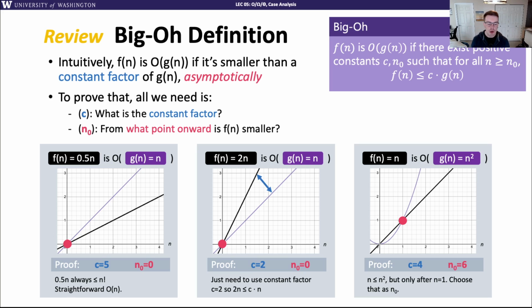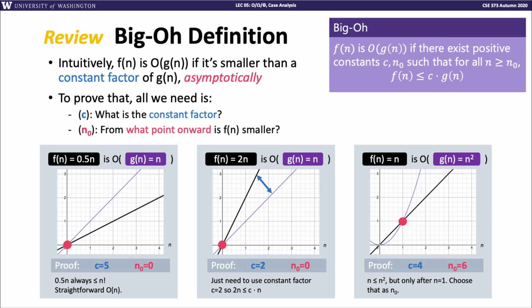And we also showed you a proof of big O. I'm going to hide my video so you can see that a little bit better. Or sorry, not the proof of big O, but the definition of big O, to really remind us what it's asking. Our formal definition was: f of n is big O of g of n if there exist some positive constants c and n naught, such that for all n greater than n naught, f of n is less than or equal to c times g of n.